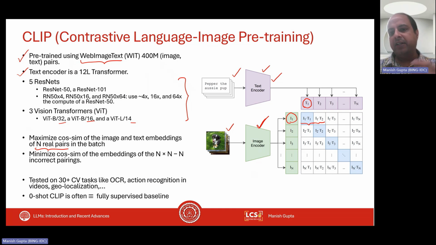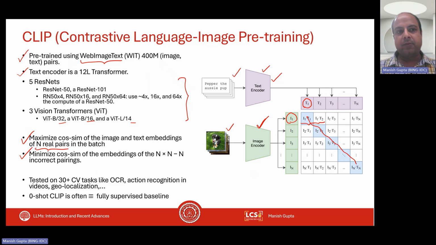If you did this 20 cross 20 computation, you have 400 minus 20, 380 negative pairs. What you want to do is maximize the cosine similarity of the image and text embeddings of the n real pairs versus minimizing the cosine similarity of the embeddings of the incorrect pairings. So you want to maximize those 20, the diagonal, and minimize the similarity for the remaining 380 which are negative.